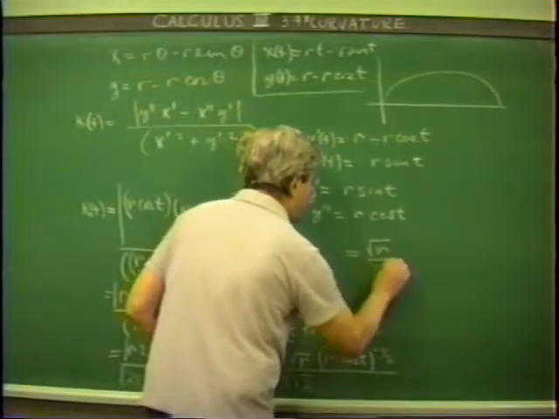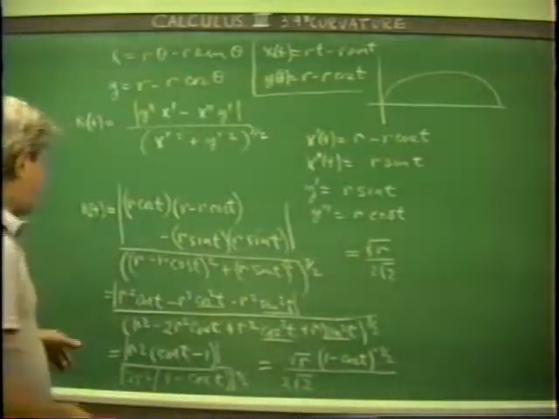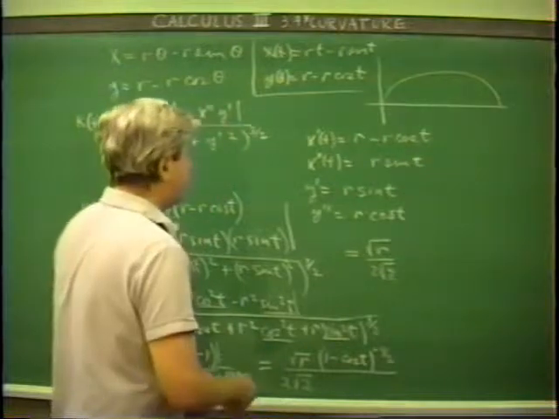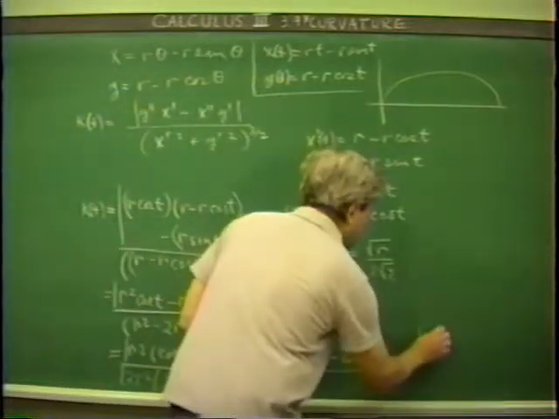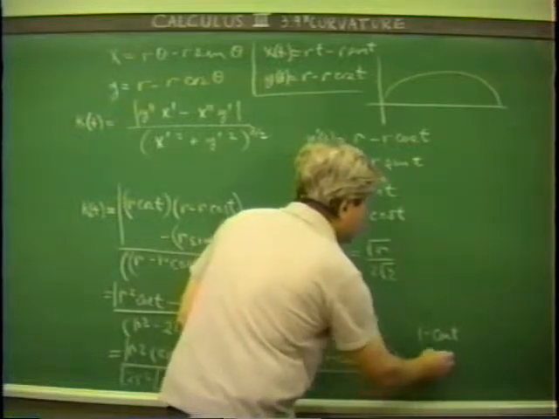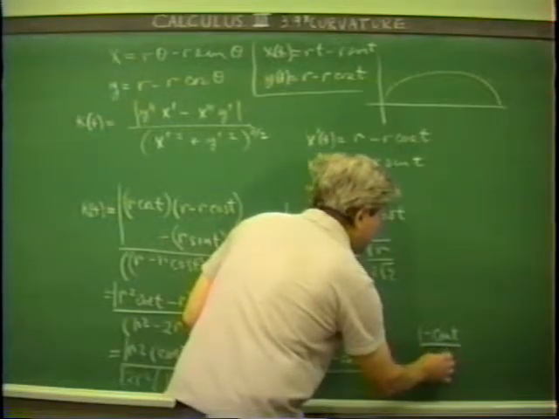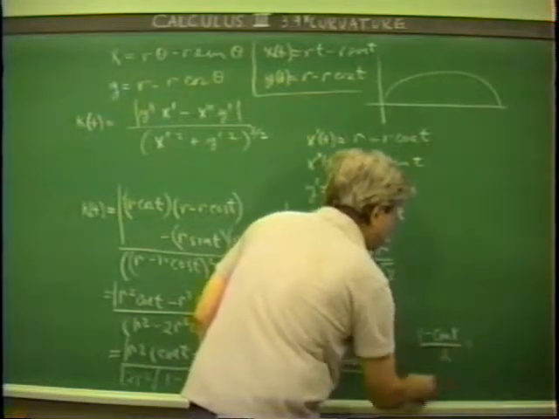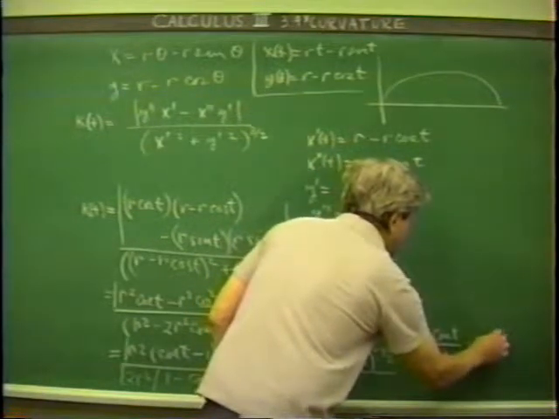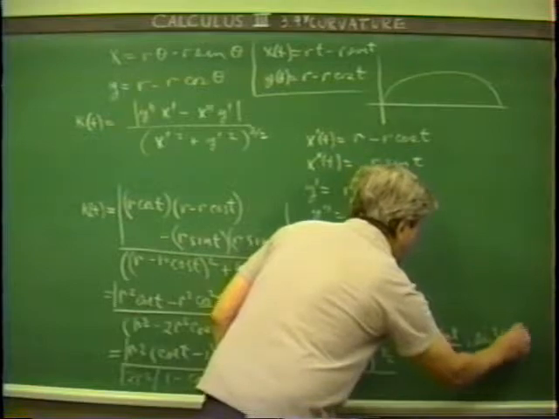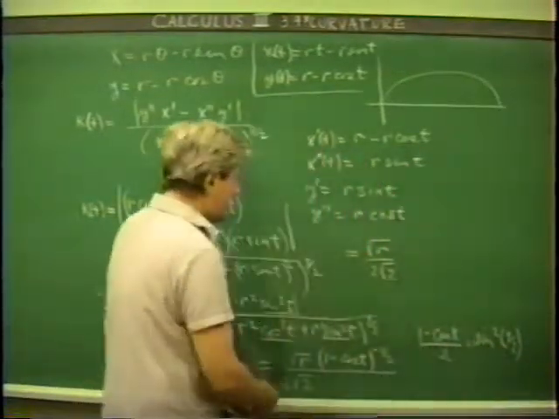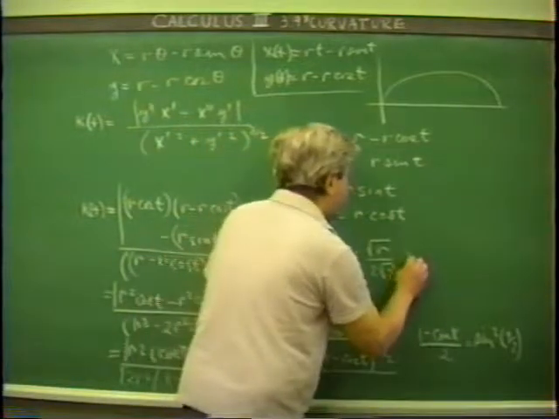Let's just change this slightly here. This is going to be equal to, we end up with 1 over 2 square root of 2 r. And then we can simplify this a little bit more by noting that 1 minus cosine t, over 2, is equal to sine squared of t over 2.